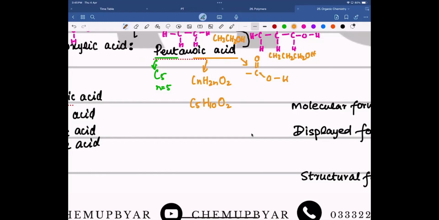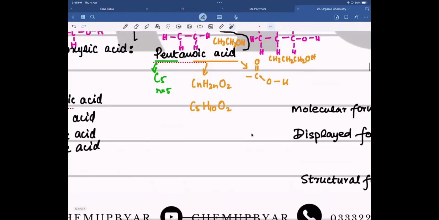And there is a high chance that you guys make this mistake. You just told me that formula, so we got another carbon over here. You have to always keep the value of n one lesser than the alkane.